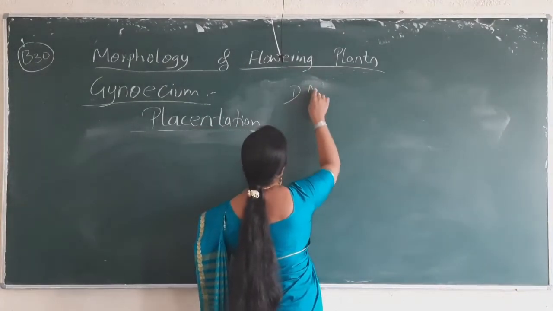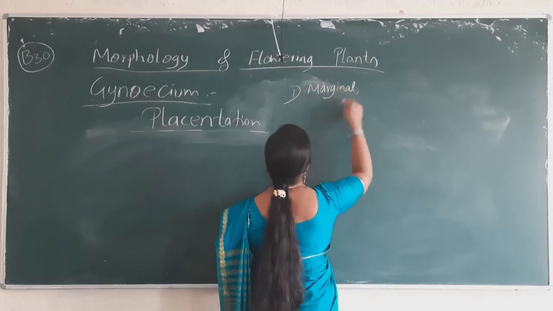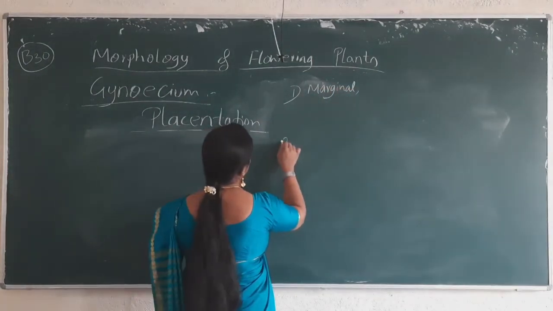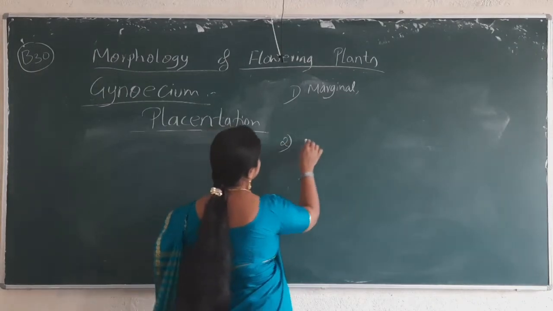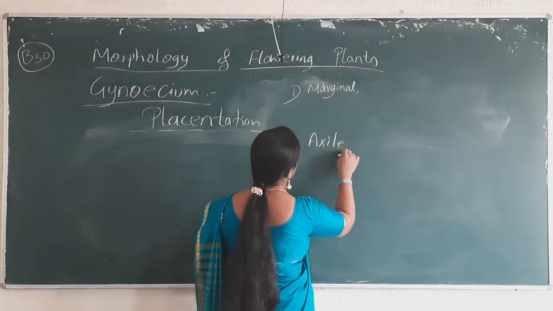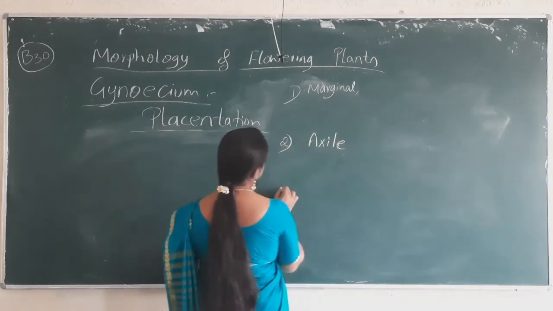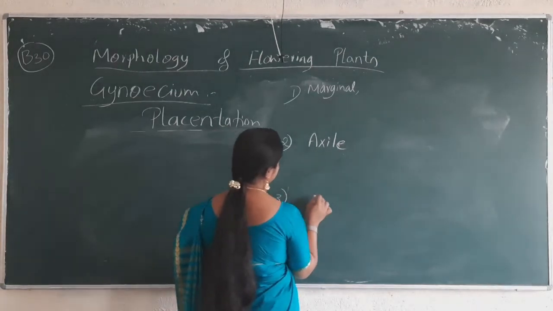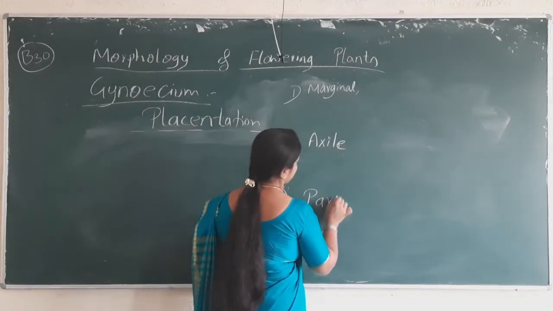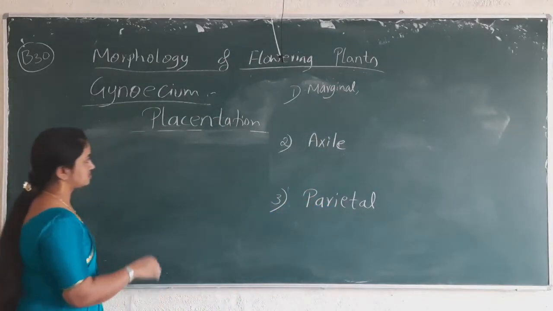One is marginal, second one is axile placentation, third is parietal placentation.